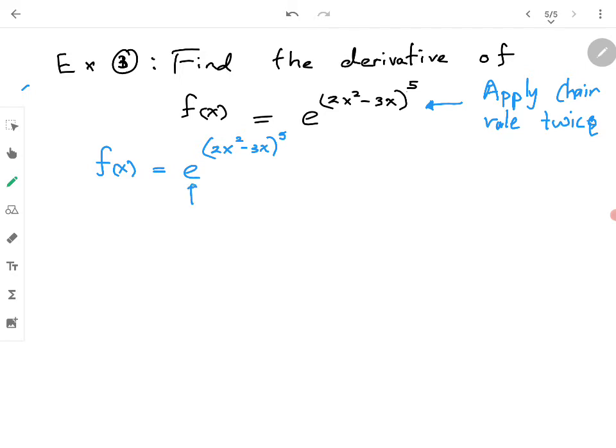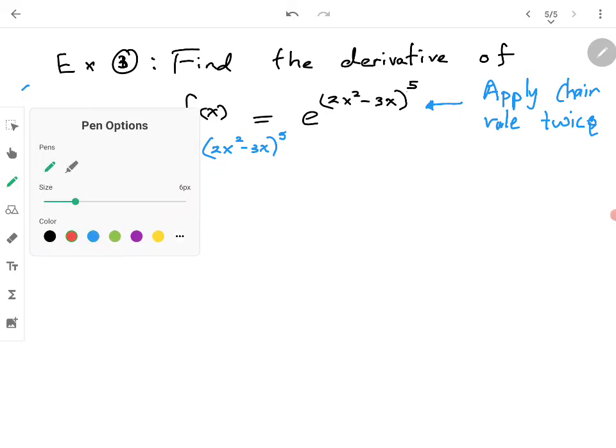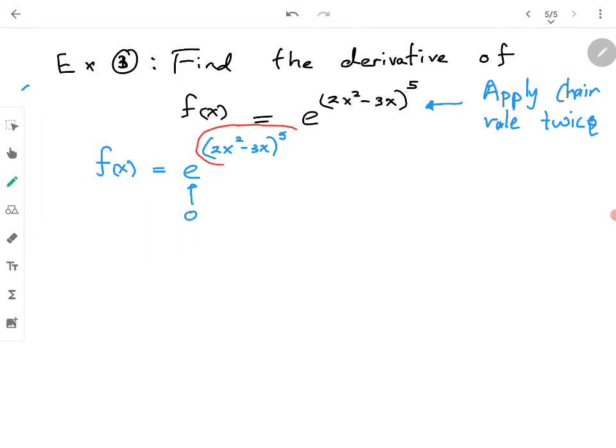Then the outer function is the exponential function, and the inner function is the exponent, the full exponent, this one. So the outer function is e raised to something, and the inner function is the exponent 2x squared minus 3x to the fifth.